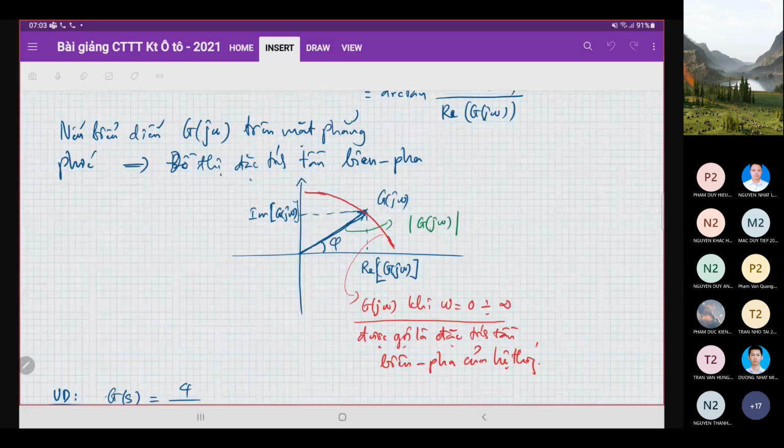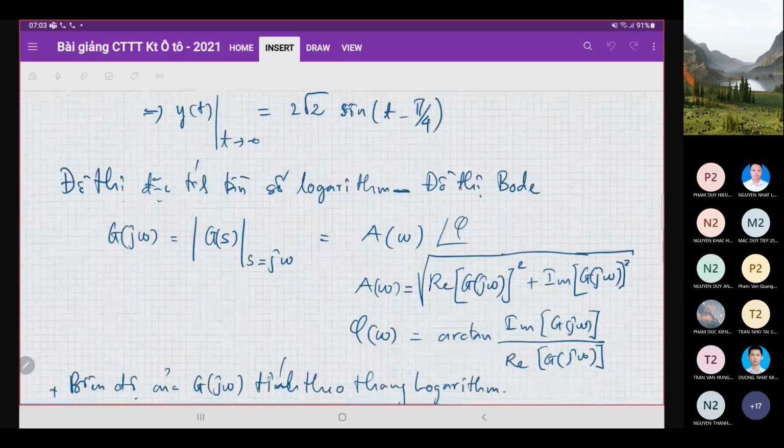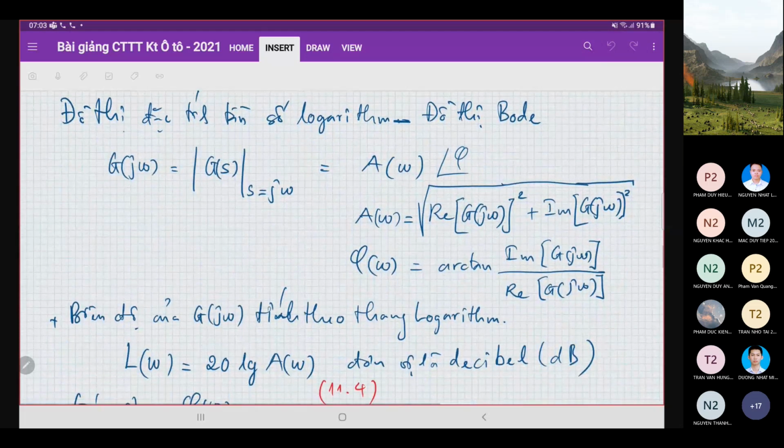Okay, and the other way to represent the frequency response is to draw the magnitude and the phase of the G(jω) in separated axes.